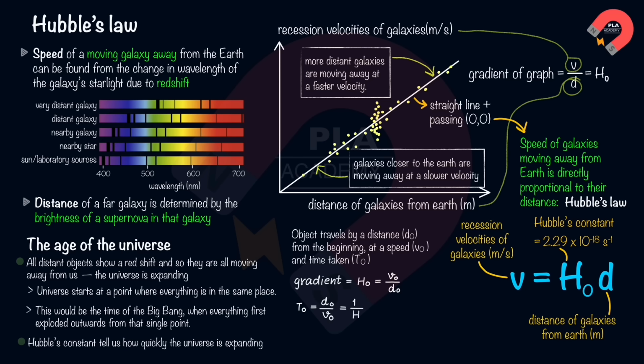We can rewrite the time equation, substituting the measured value of H0 as 2.29 times 10 to the power of minus 18. We get t0 equals 4.37 times 10 to the power of 17 seconds, which translates to approximately 14 billion years. This is the age of the universe. This age is an estimate due to the approximate value of the speed used in the calculation.